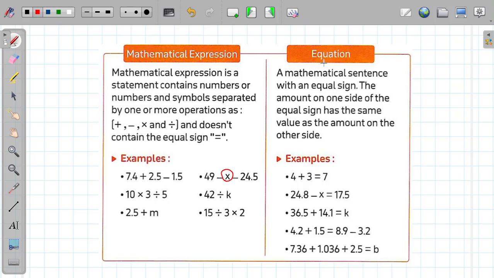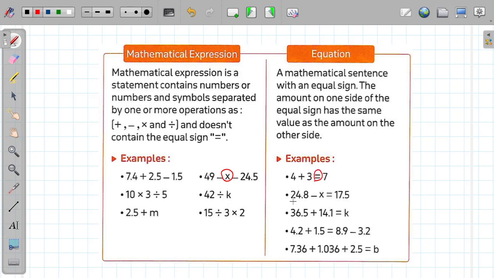And the equation is a mathematical sentence with an equal sign. So the amount on one side of the equal sign has the same value as the amount on the other side. So the right hand side of the equation equals the left hand side of the equation. Okay, so I have here 4 plus 3 equals 7. This is an equation because I have an equal sign.